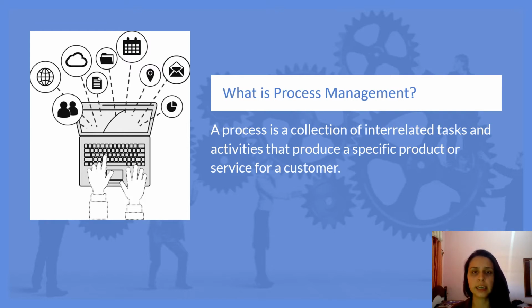The process is a collection of tasks and activities that produce a specific product or service for a customer. So the customer appears here again. So the customer is the most important for the company. Okay.